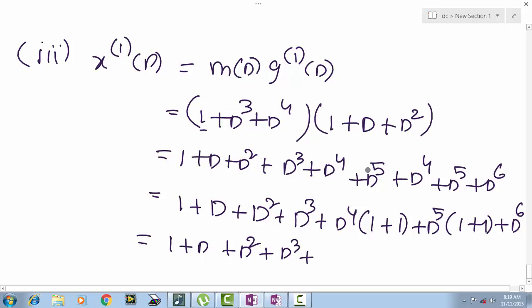So whenever you see d power 4 plus d power 4, it is simply equal to 0. If you take d power 4 common here, 1 plus 1 modulo 2 addition is 0. Similarly, d power 5 we are having two terms, d power 5 common, and so 1 plus 1 modulo 2 addition is 0. So these two terms will be 0 and we will be left with d power 6.